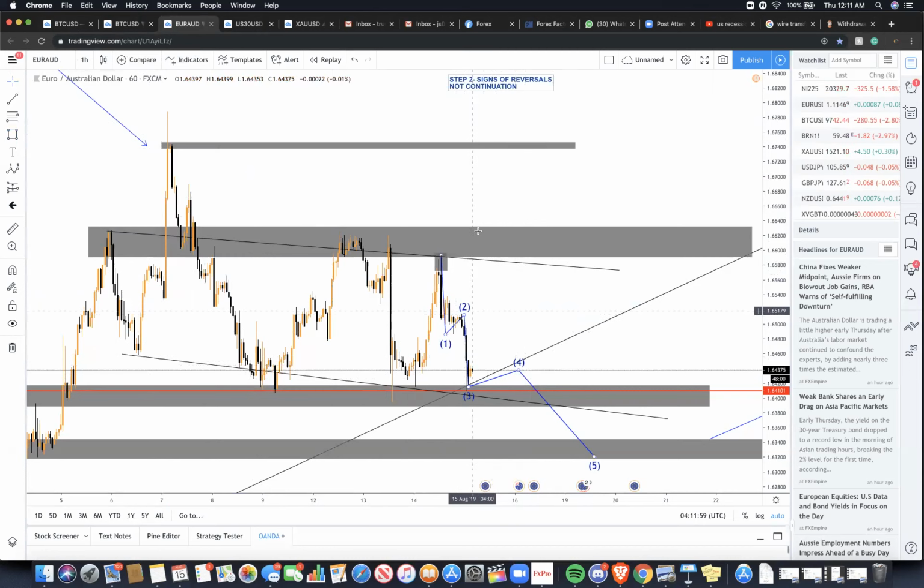If the market is failing to break this zone here, then when I'm in my trade I'd say, okay, this was my first area where I considered taking my profit, because I'd rather enter that trade and take profit here than enter the trade, have it reverse on me, and then take a loss down here.